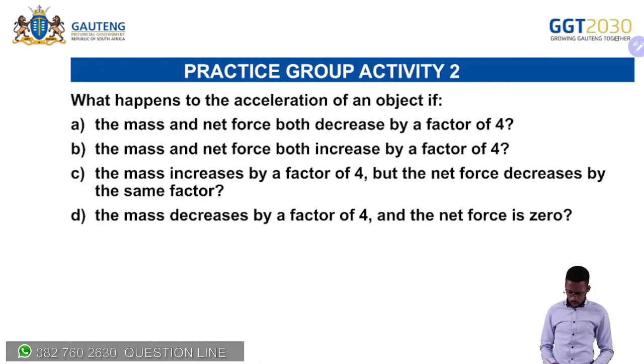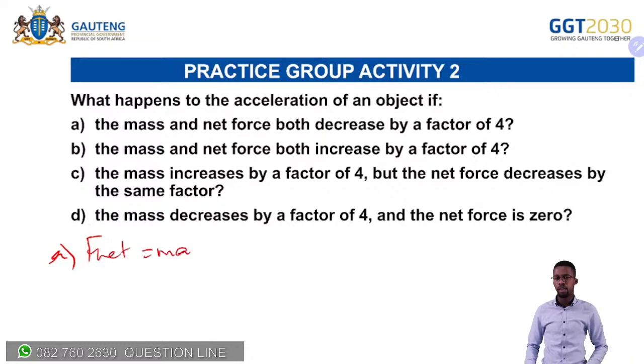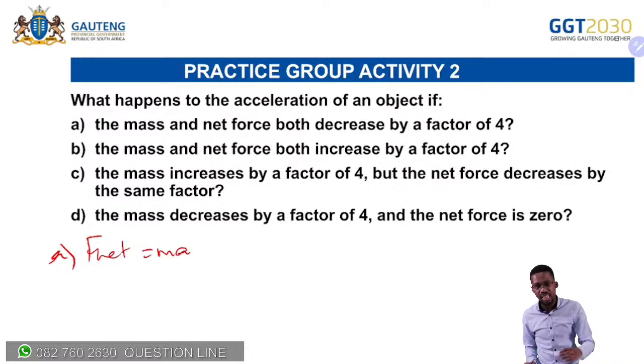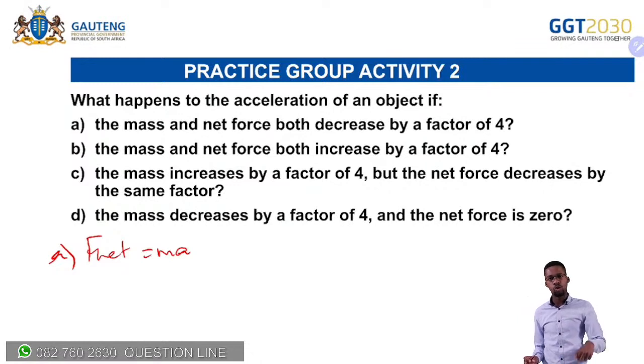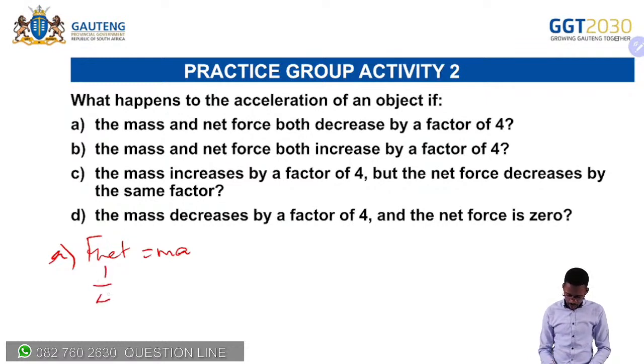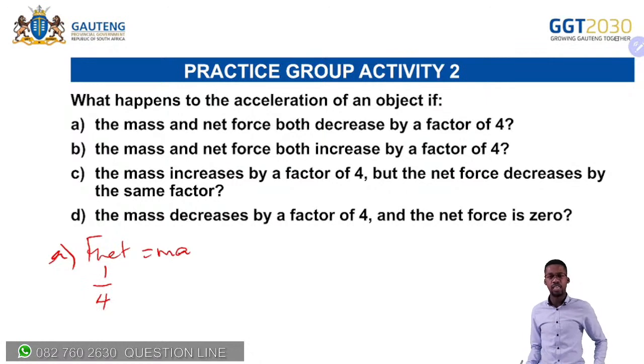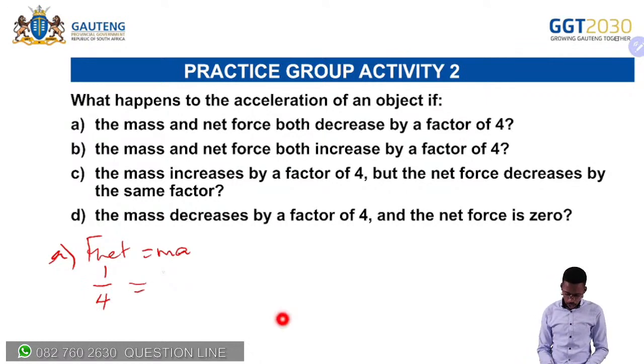So the first thing that you do there, you're going to say F net is equal to ma. This is what Newton's second law is saying. So you are told, what will happen to acceleration if our net force decreases by a factor of 4 and also our mass decreases by a factor of 4.